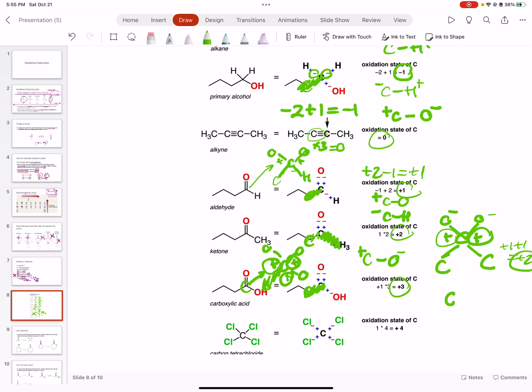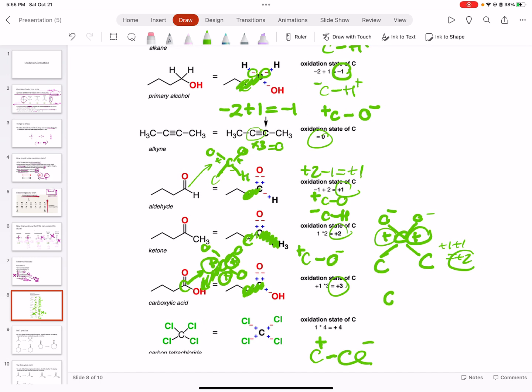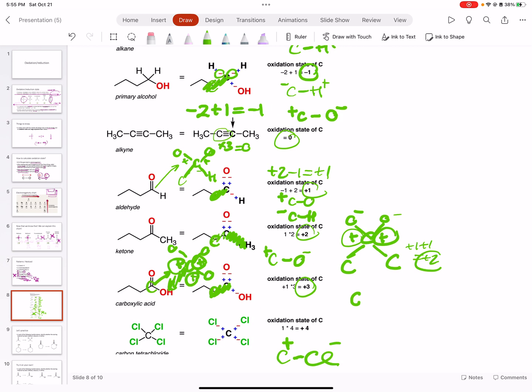And then carbon-chlorine, we just already established that anything that's more electronegative than a carbon is gonna carry that negative charge, while carbon is gonna carry a positive charge. Therefore we have 4 carbon-chlorine, so that's why we have +1 +1 +1 +1, and that would equal +4.